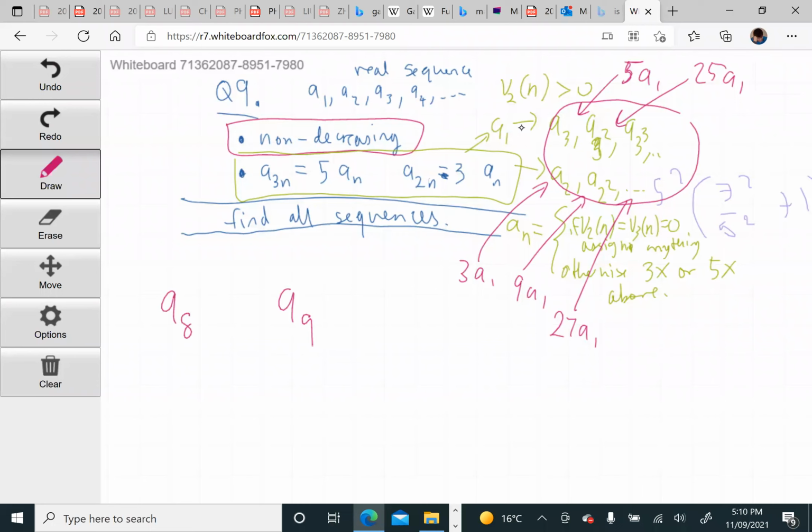So there seems to be a problem here. So A8 is supposed to be less than or equal to A9, right? But A8 at the same time is equal to 27A1. So 27A1 is supposed to be less than or equal to 25A1, right?